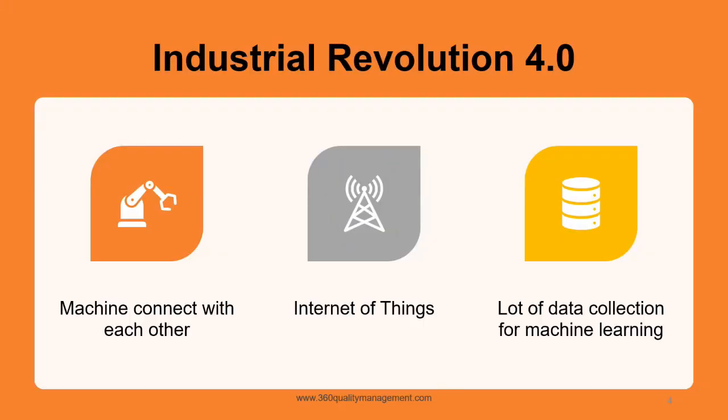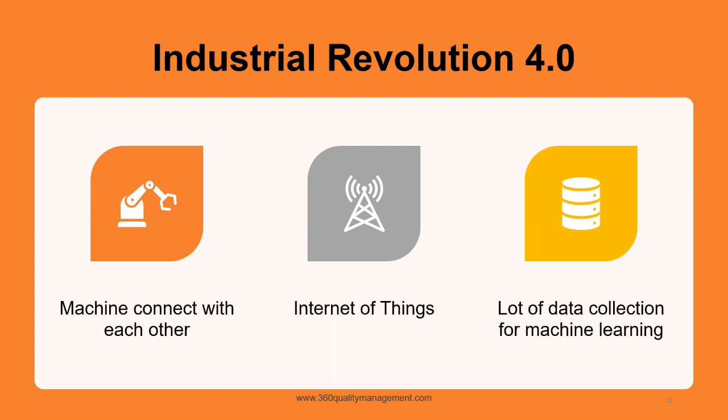More and more manufacturers claim that they have already migrated to an Industrial Revolution 4.0 manufacturing environment. So let's have a little understanding of the meaning of Industrial Revolution 4.0. In Industrial Revolution 3.0, we talk about automation.